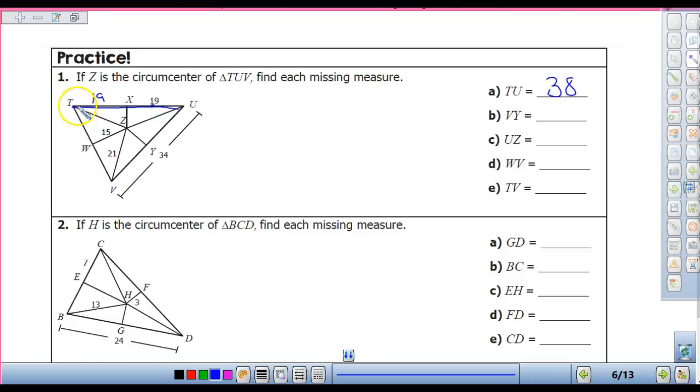VY is going to be 17, because that's going to be 17. That's going to be 17. Because they're all bisectors, they're going to be congruent to each other. UZ 21, yep, because you've got to go from the vertex to the circumcenter. So these are all going to be 21 and 21.